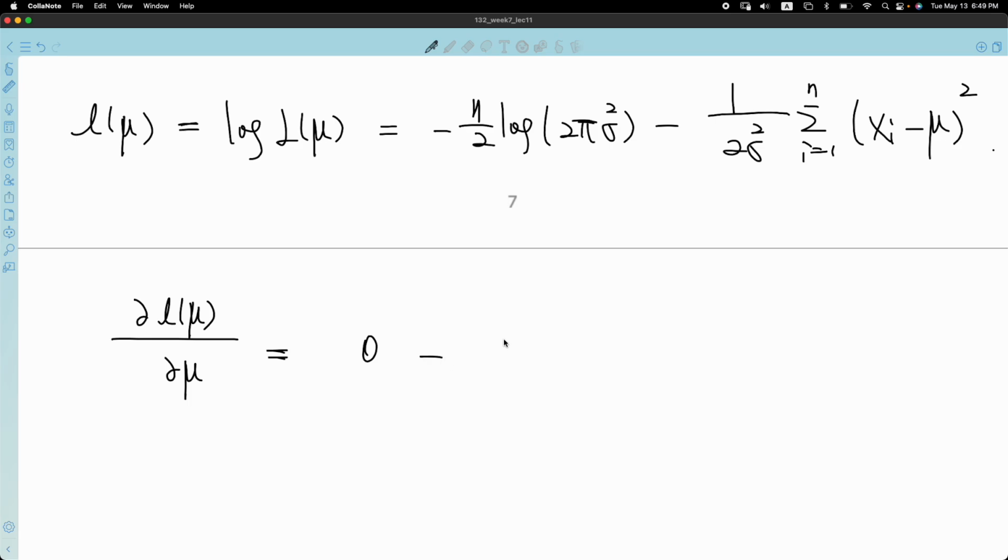Then minus 1 over 2 sigma squared, that's a constant, and then the summation from 1 to n. Here we start to encounter things that involve mu, so we can use the chain rule. The derivative gives you 2 multiplied by (xi minus mu), and for the mu you have a negative sign, so the minus sign changes to a plus.